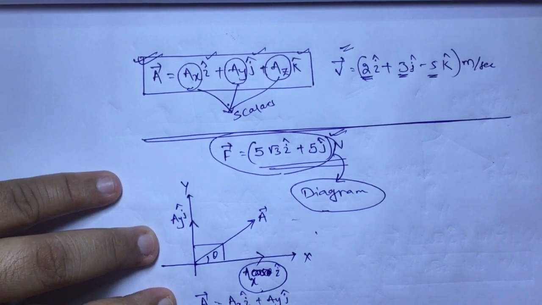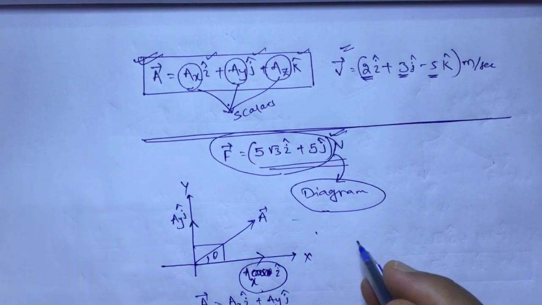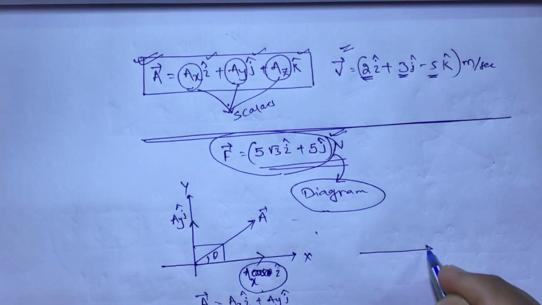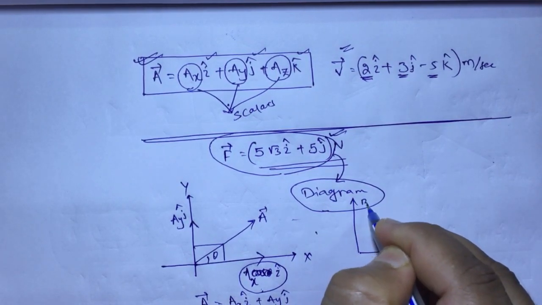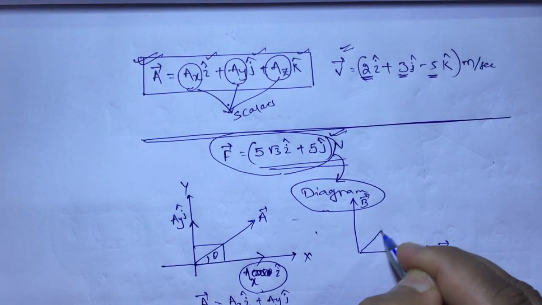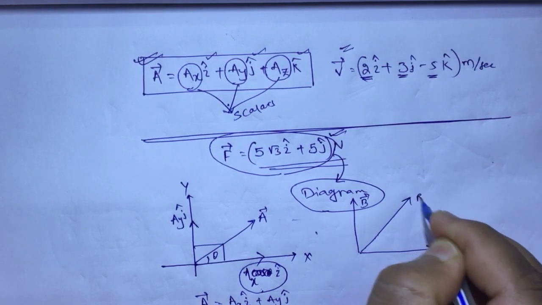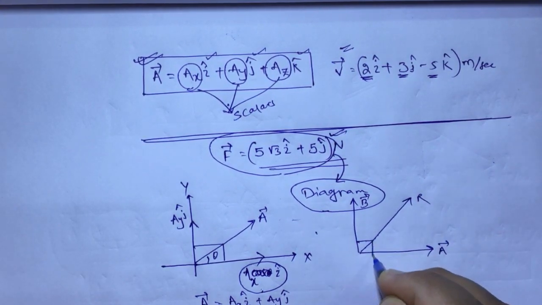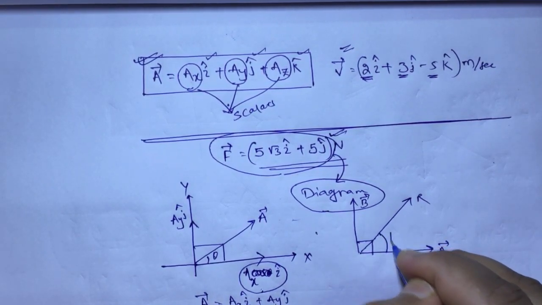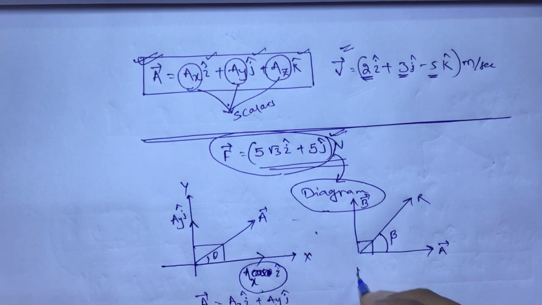Now remember your parallelogram law or triangle law formulas. If there is a vector a vector like this and there is a vector b vector like this, then r vector will be like this. This is the resultant vector, and if the angle between a vector and b vector is 90 and this angle is beta, then we have two formulas.